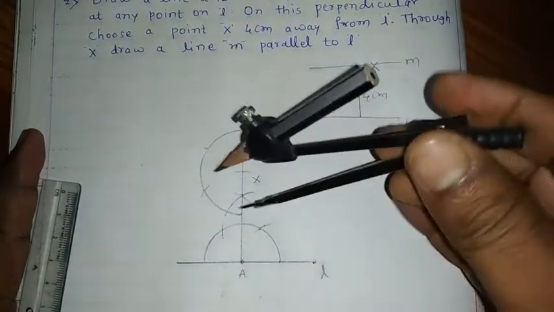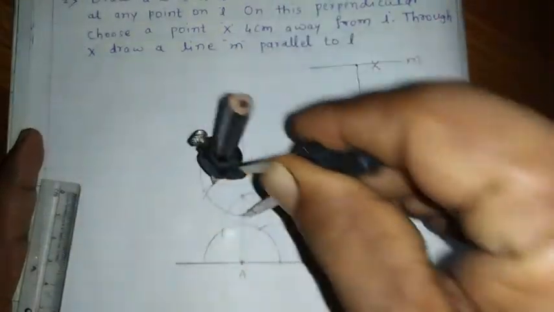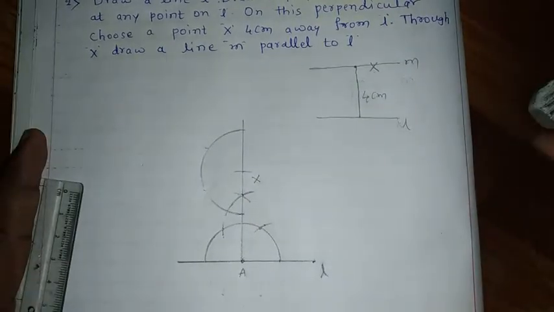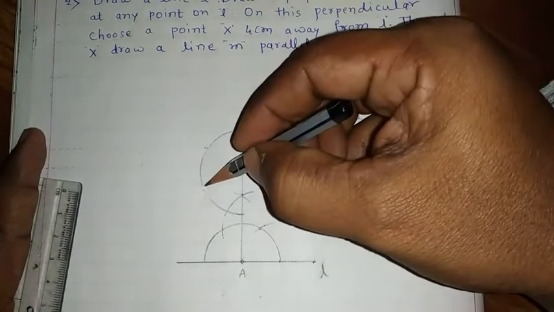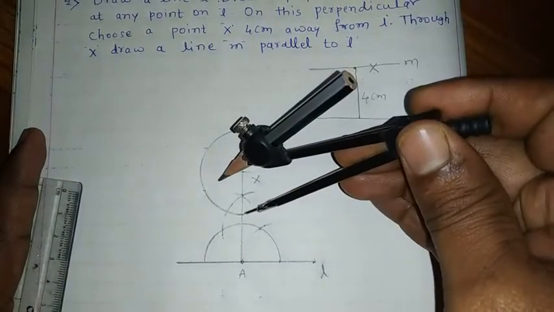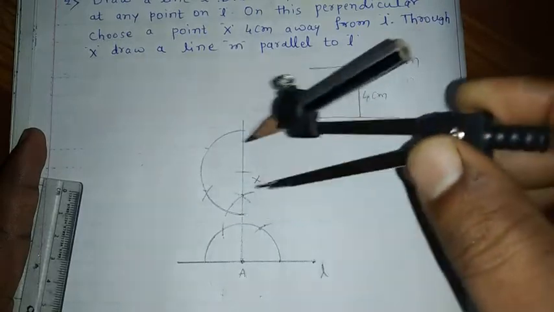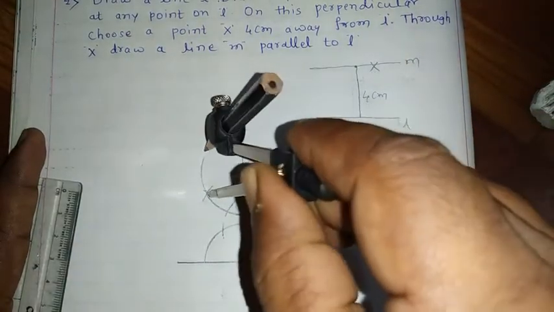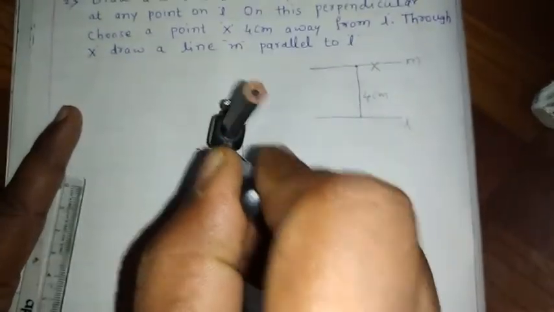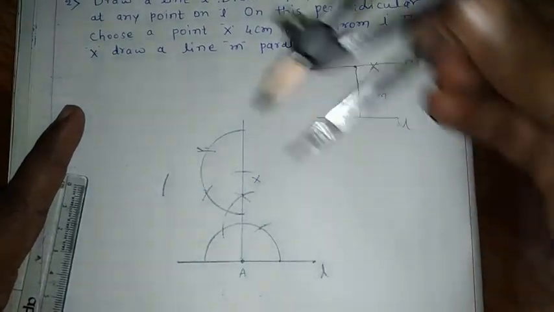Let me repeat one more time. Keep the needle at this point, draw one arc, and now keep the needle here, draw one more, and one upside and one here, students.